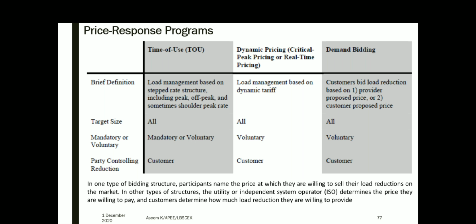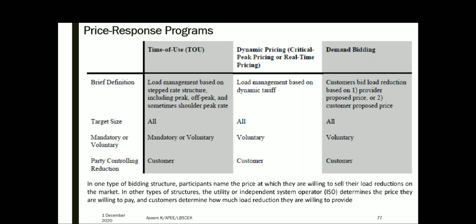You can see different time of use pricing programs, as we already discussed, based on a stepped rate structure. The utility will define the tariff structure for different times in a particular day. They can measure using a TOD meter, time of day meter, etc.